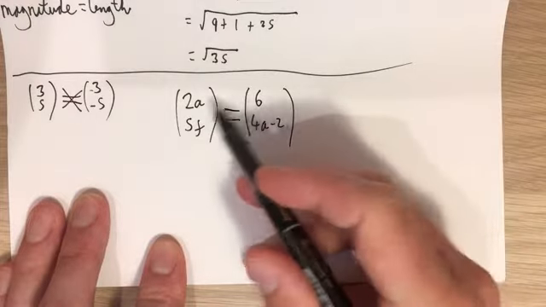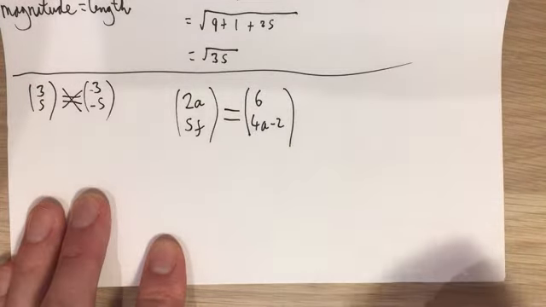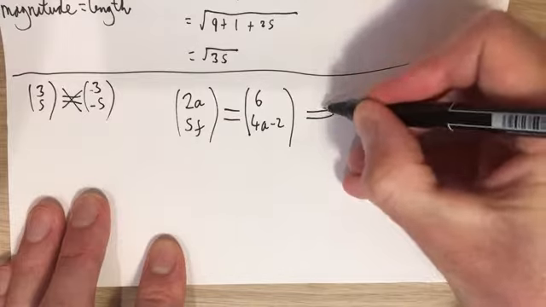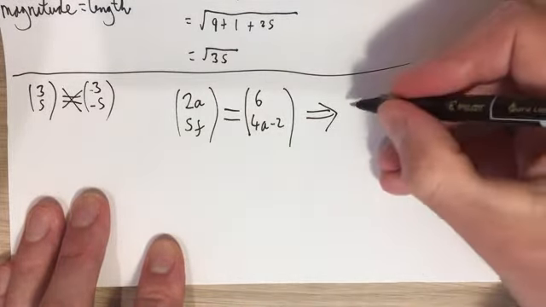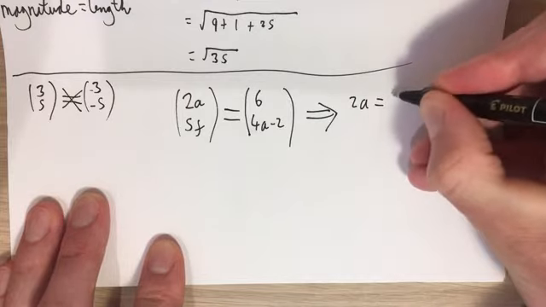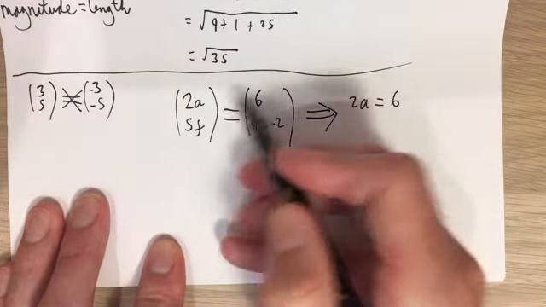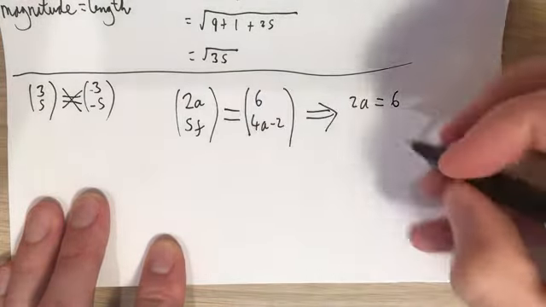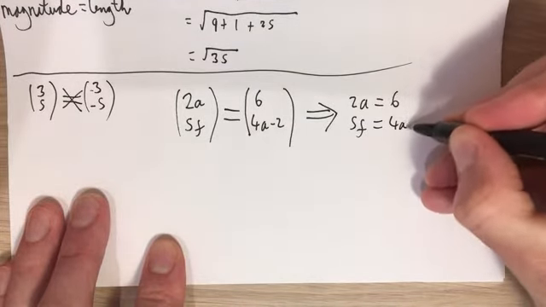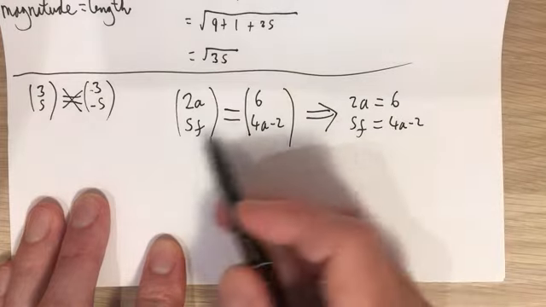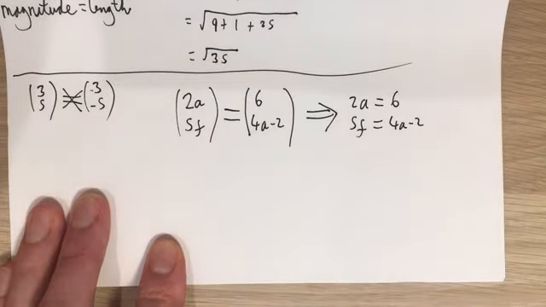So if I know that this is true, what does that mean? Let's do an implication sign. This fact means that 2a has to be the same as 6. The go right instruction has to be the same. And also 5f has to be the same as 4a minus 2. The go up instruction has to be the same.